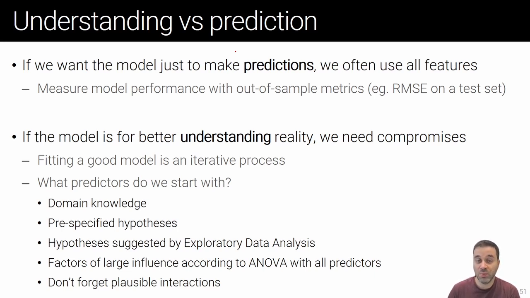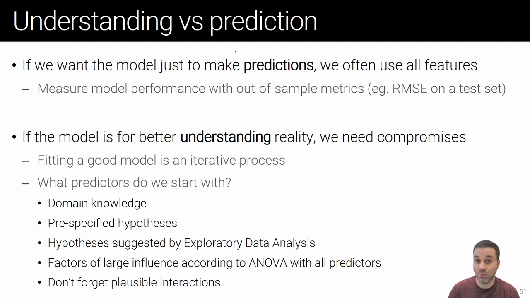We could talk about pre-specified hypotheses, so we are using the models to test something specific. So of course, the variables pertaining to that specific hypothesis should be in the model. If we are doing some exploratory data analysis and we see possible relationships, then we could include those variables in the model to precisely test for those hypotheses.